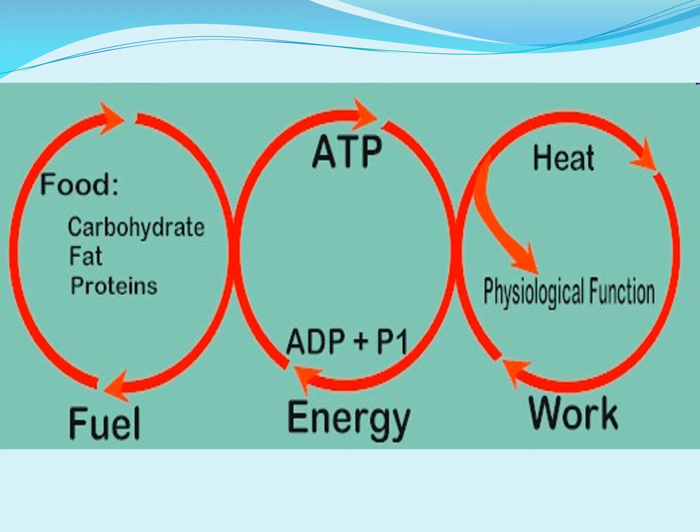So we have cells which are using this foodstuff to generate macroenergetic molecules like ATP, and then we have in our body a lot of works that are taking place. They are consuming this ATP, and we are using this ATP to perform body works.